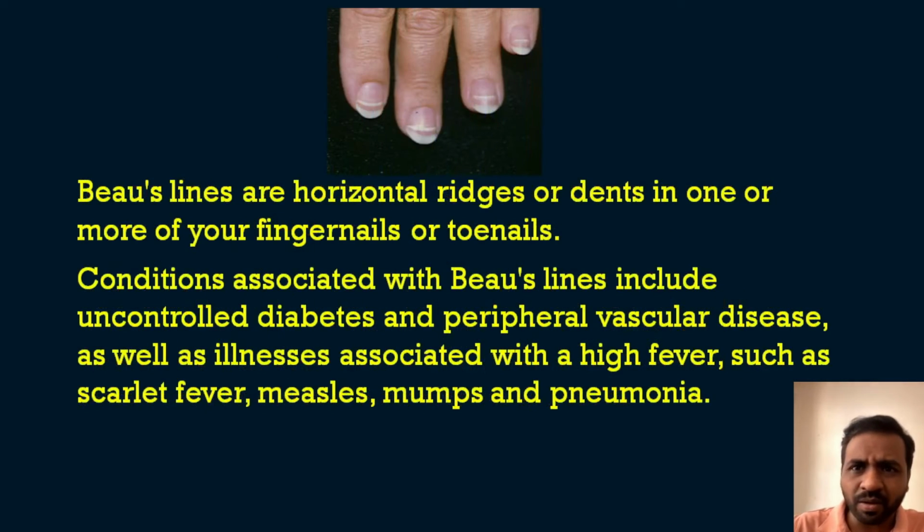Now we will see another option. What is Beau's line? Beau's lines are horizontal ridges, as you can see in the picture, or dents in one or more of your fingernails or toenails.